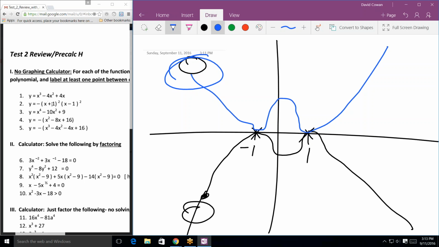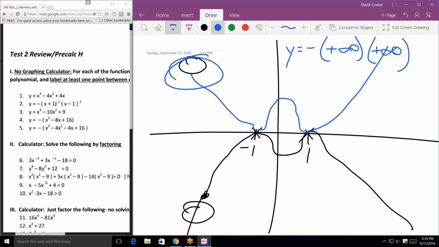Plug in negative infinity for x and then square it. Do you not get that? Now I get that, because then the negative.